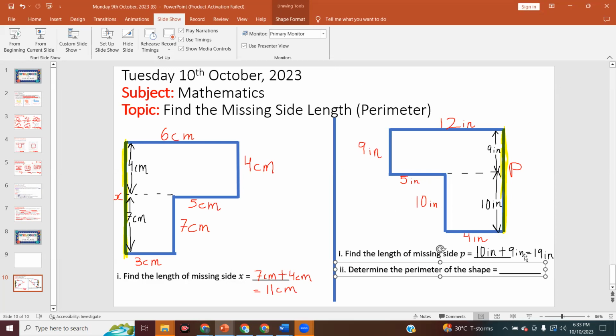So you know the length of the missing side is 19. With that being said, find the perimeter of the shape.